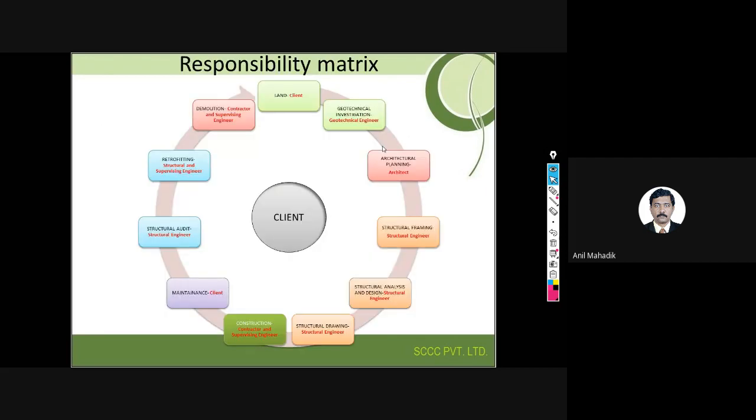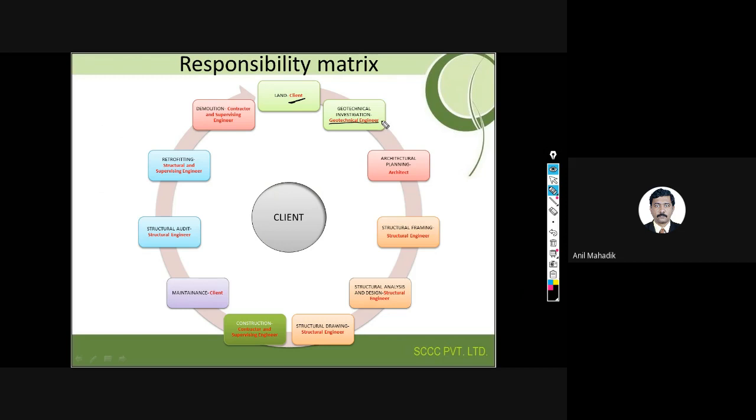So this was the life cycle, whatever we have learnt. Let's see the responsibility matrix in the life cycle. Generally the land is owned by the clients. So land is with the client. And geotechnical investigation is generally done by the geotechnical engineers.